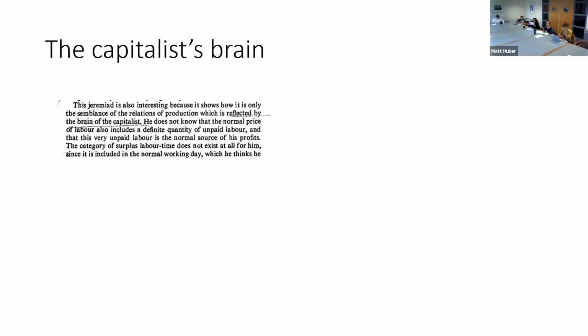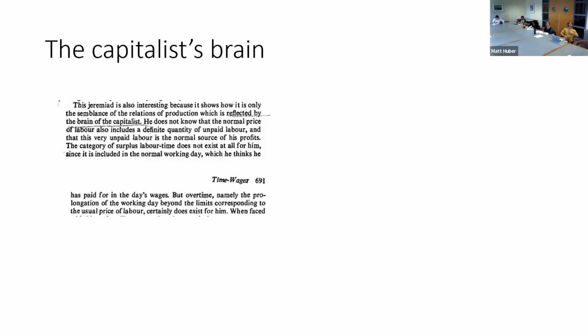He does not know that the normal price of labor also includes a definite quantity of unpaid labor. Even the capitalist isn't really aware of this surplus labor, and that this very unpaid labor is the normal source of their profits. The category of surplus labor time does not exist at all for them, since it includes the normal working day, which they think is paid for by the day's wages. So they also think they're paying for the labor in full.